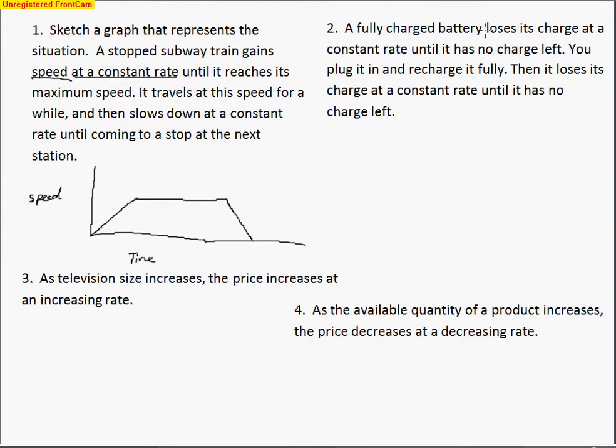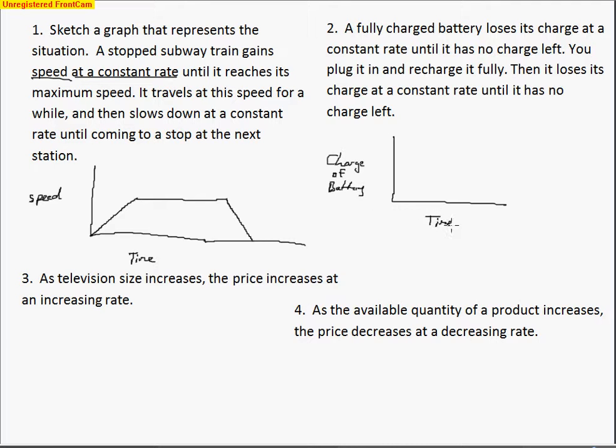A fully charged battery loses its charge at a constant rate until no charge is left. Okay, so from there, they're talking about the charge of the battery. So we're going to call the y-axis the charge of the battery. And then we'll call the x-axis time.